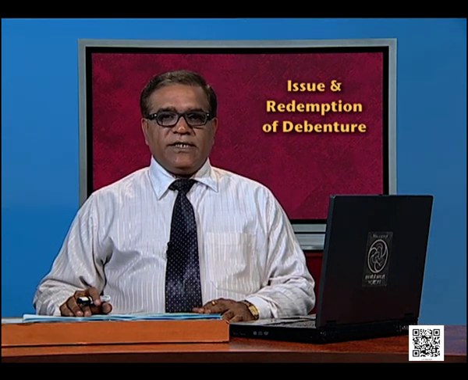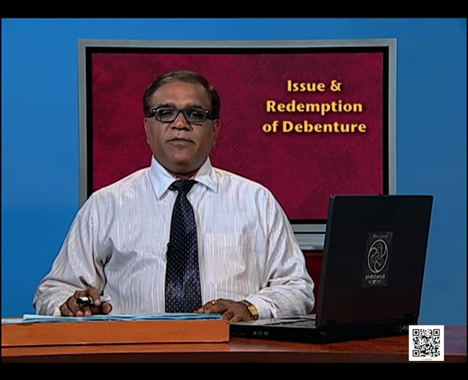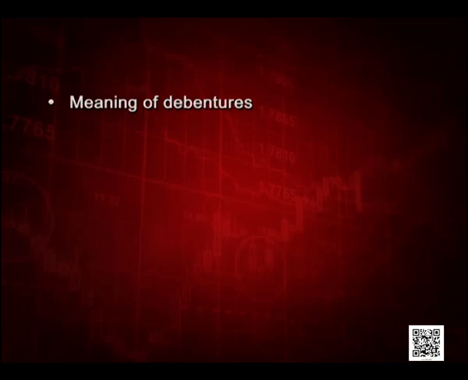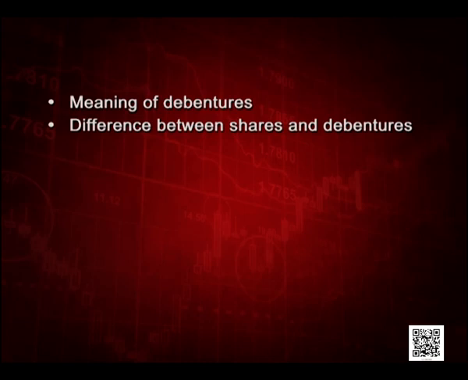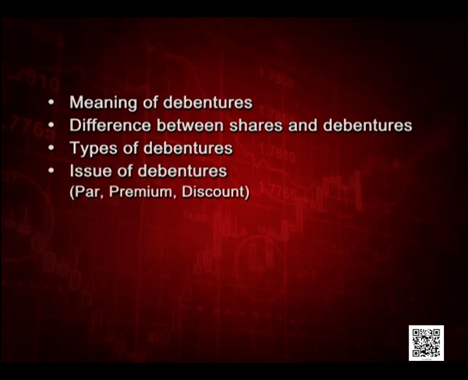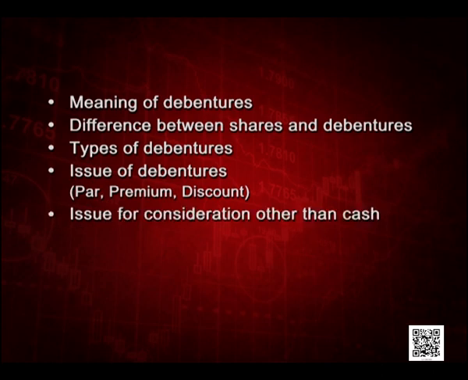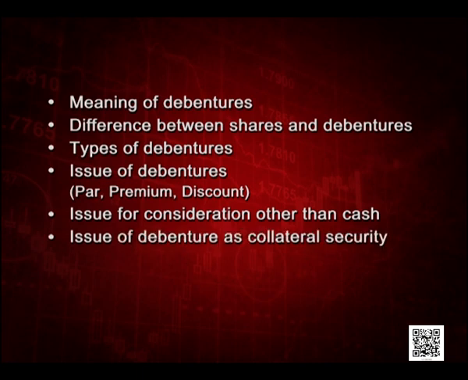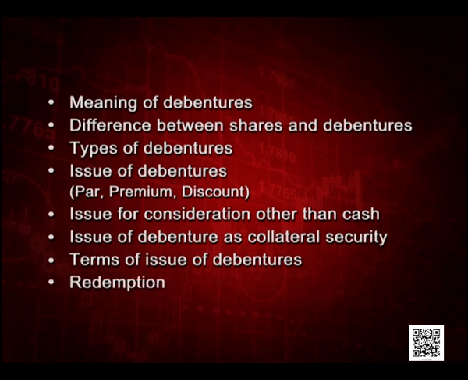In this chapter, first of all we will understand the meaning of debentures and the difference between shares and debentures, the types of debenture, how we issue debentures at par, premium, discount, and for consideration other than cash, what debenture issue as collateral security means, as well as some terms of issue of debentures. Then we will follow it with redemption in the next class.